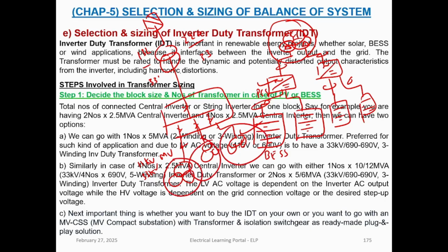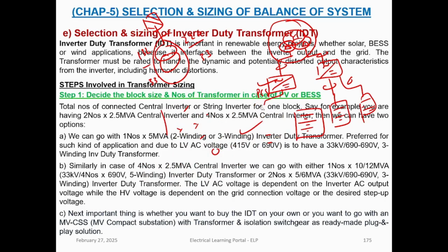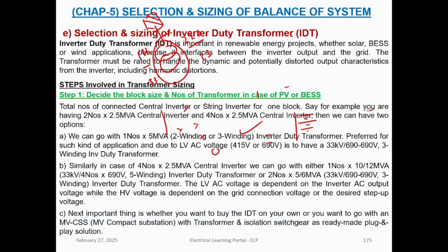We'll try to cover both topics, that is the inverter transformer as well as the power transformer. In case you feel there is any doubt or confusion, please ask, right? I'll just cancel this out and we'll try to understand how the selection of this is done. Is anyone aware of how the transformer is selected in solar or battery? Any of you would like to comment based on whatever you have understood till now?